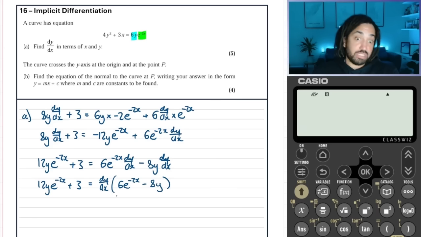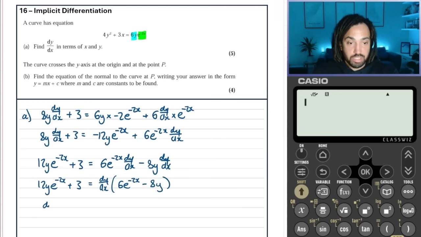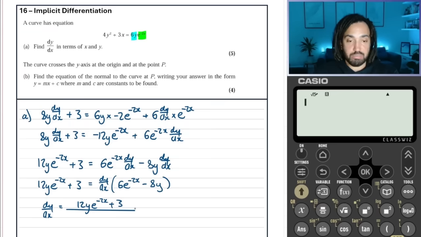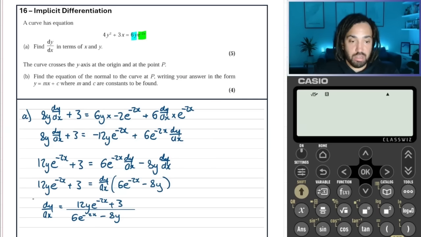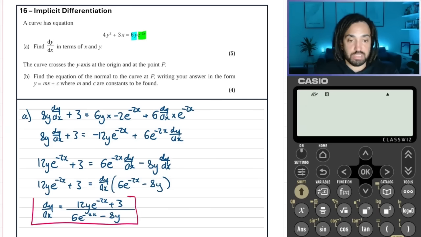And then that will allow us to divide through by that bracket, so that dy by dx will end up being 12y e to the minus 2x plus 3 divided by the bracket, which is 6e to the minus 2x minus 8y. Perfect. So box that up, and that is dy by dx.